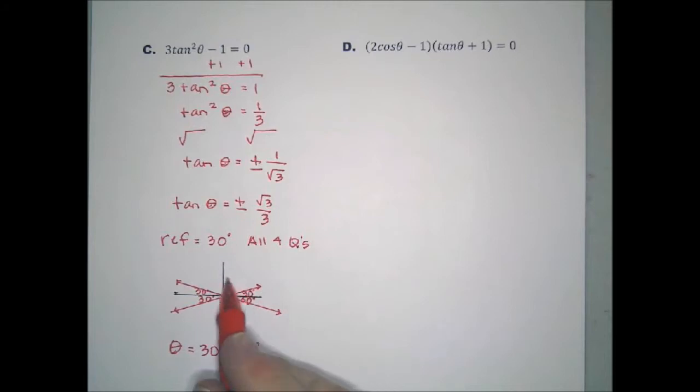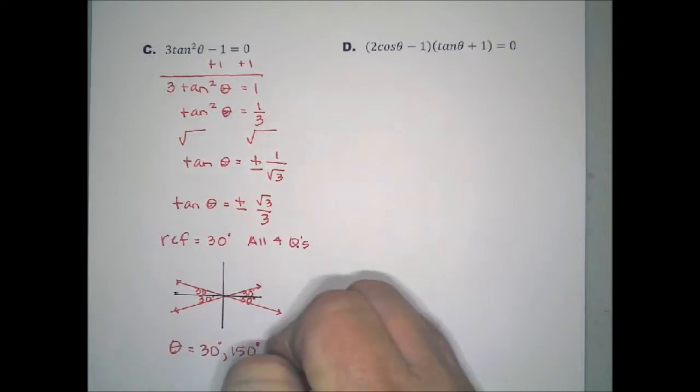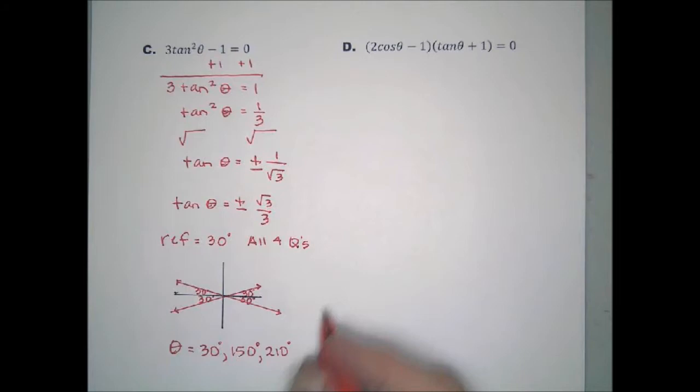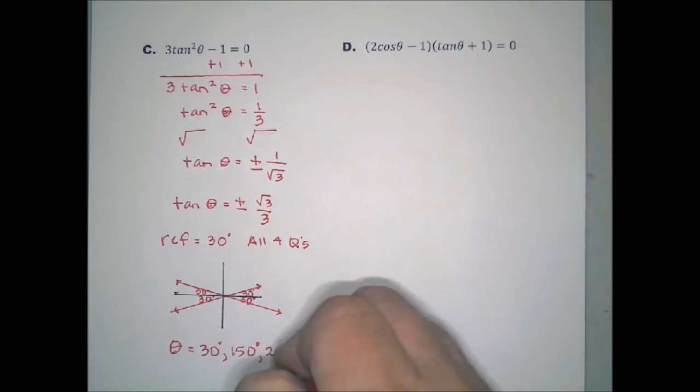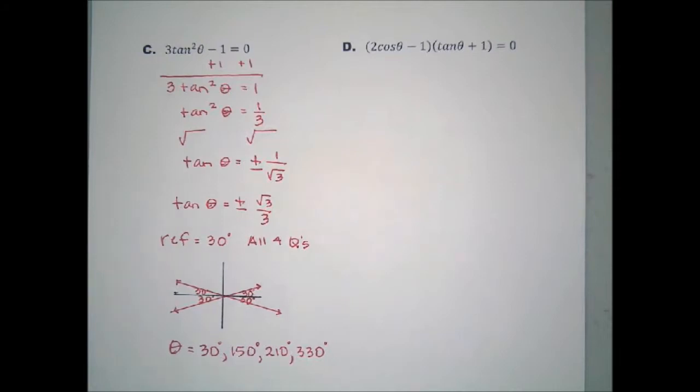The next one would be all the way over to 180, and then drop down 30 more, so add 30 more, and you'd be at 210. The last one, go all the way around to 360, and then subtract 30, because you didn't quite make it all the way around. And that would be your 4 answers to theta for example C.